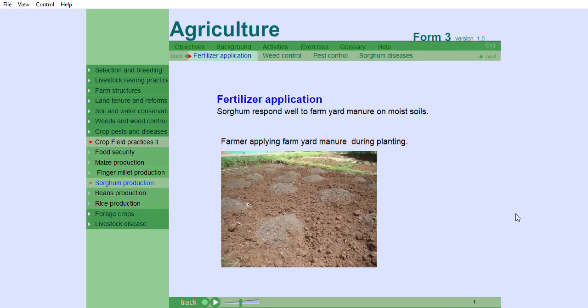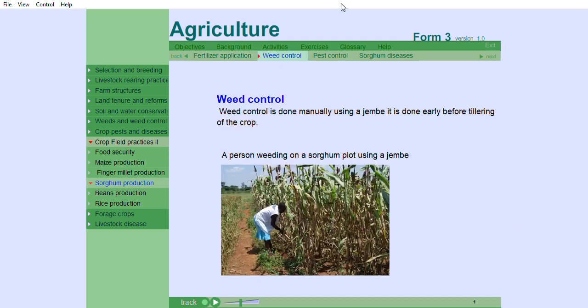Sorghum responds well to farmyard manure on moist soils. Weed control. Weed control is done manually using a jembe. It is done early before tillering of the crop.